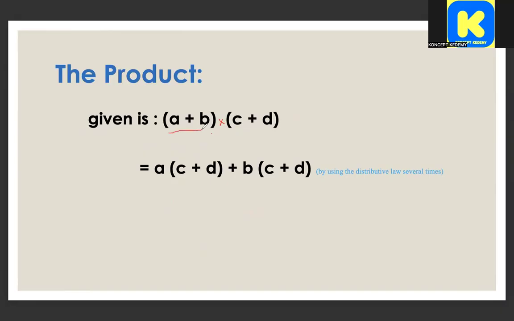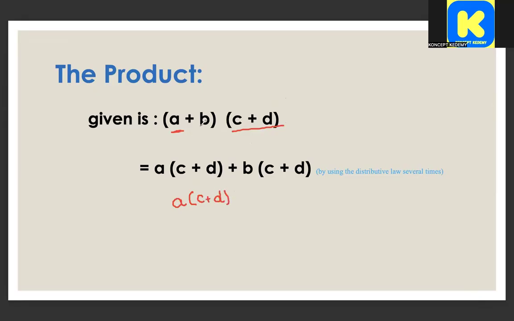In the first bracket, we have a plus b. I am going to multiply c plus d first by a, then by b separately, using the distributive property. So first I take a from the first bracket, then the whole second factor, c plus d.